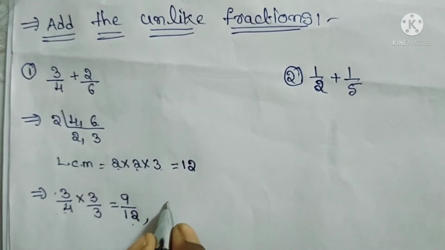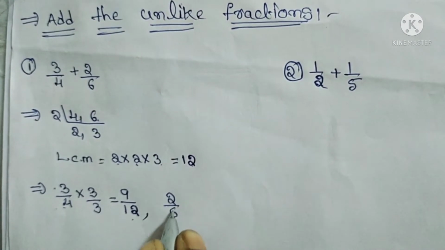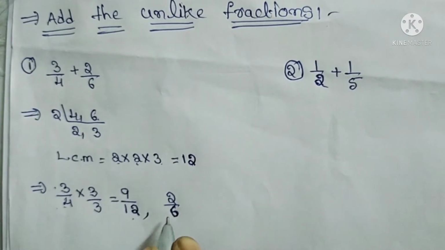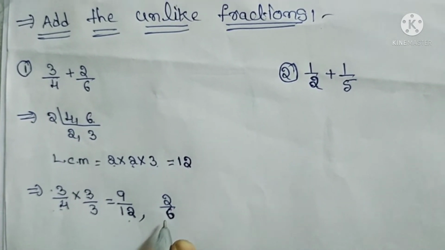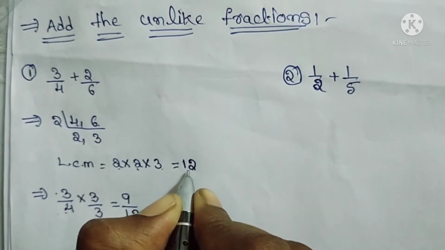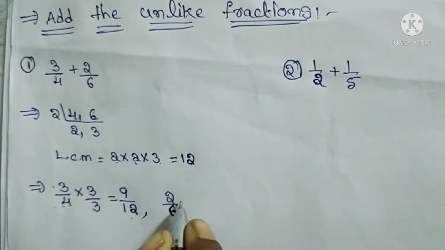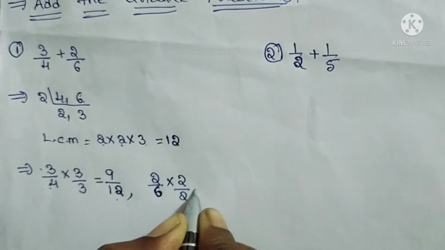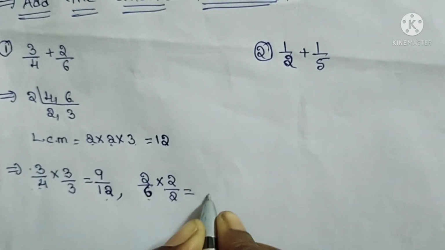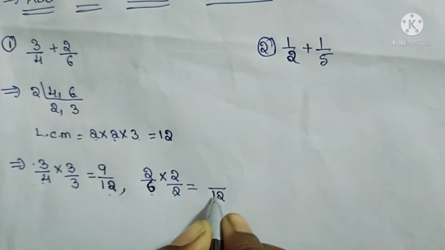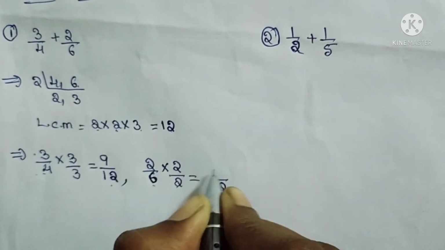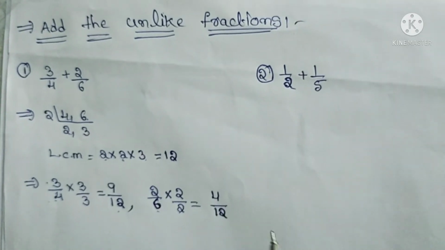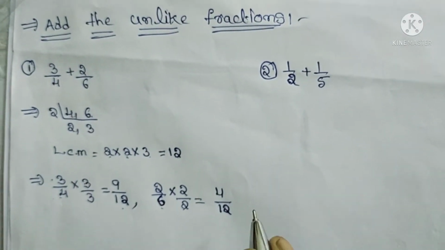Similarly, 2 by 6. The denominator can be changed to the LCM, 12. So we multiply by 2 by 2. 6 2s are 12, 2 2s are 4.